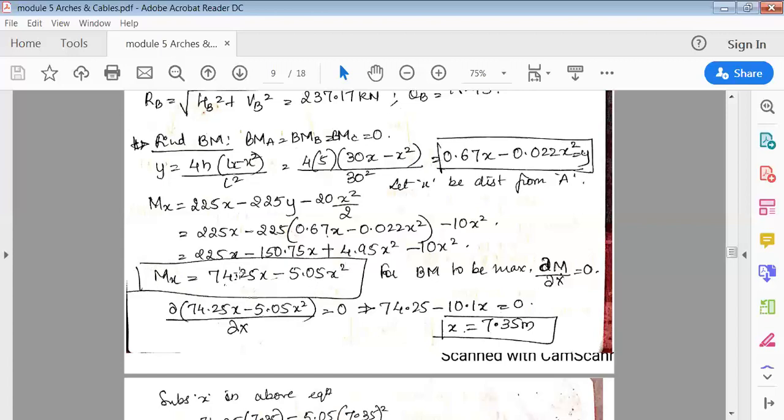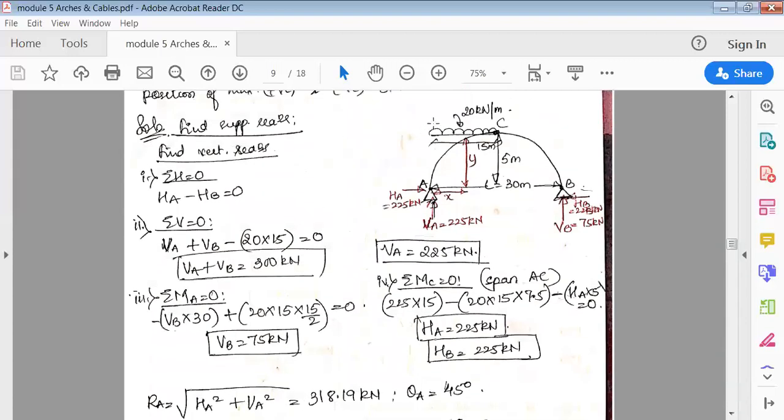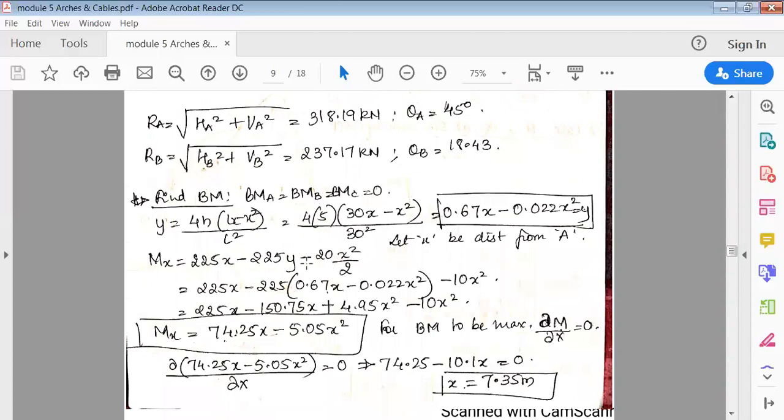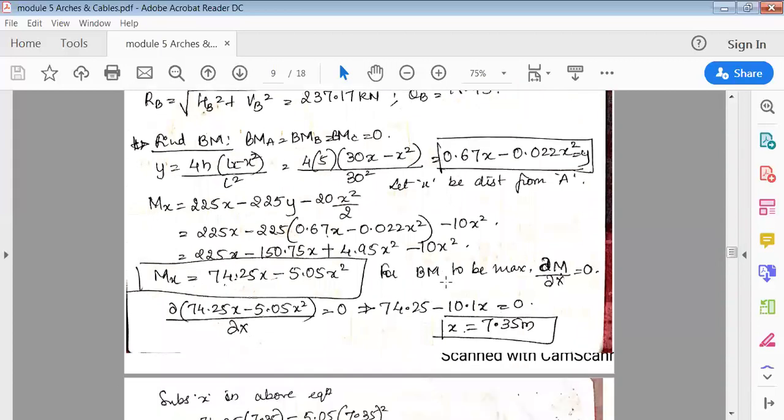Okay, so this is the equation of bending moment. But our main intention is to find out at which point of the UDL, from the left support, the bending moment is maximum. We just know that it is maximum in AC, but we have to locate at which point. So we'll use this equation for the bending moment to be maximum.